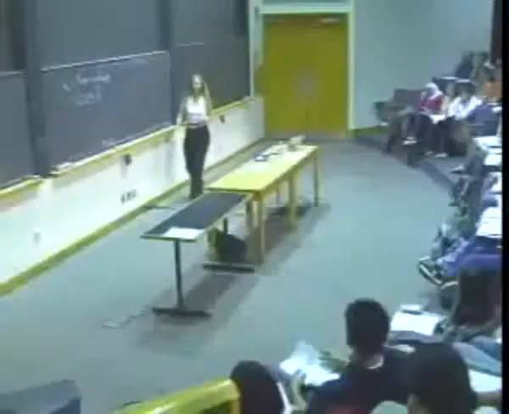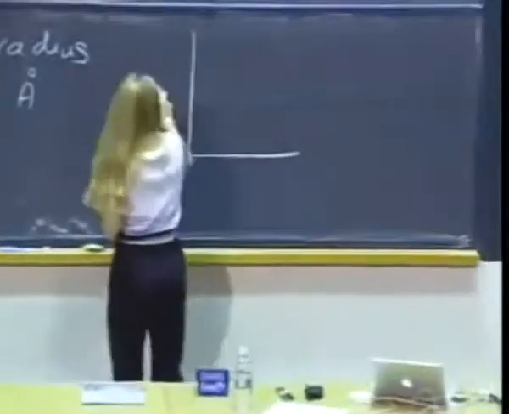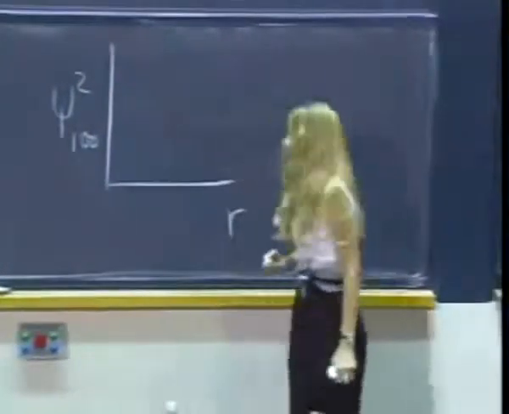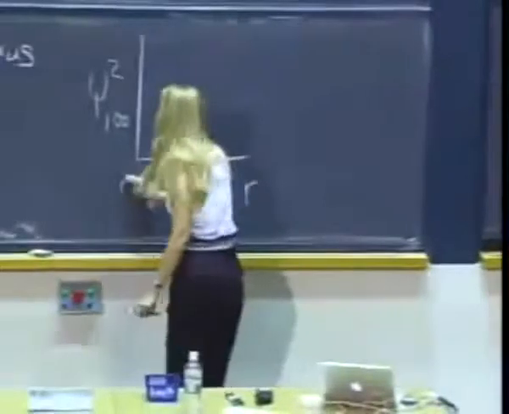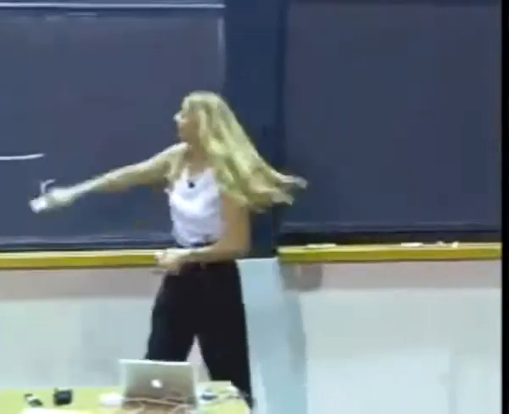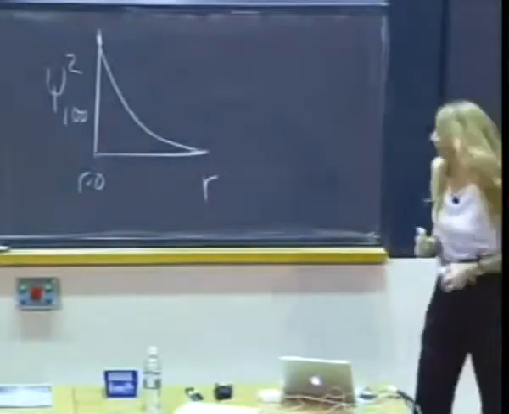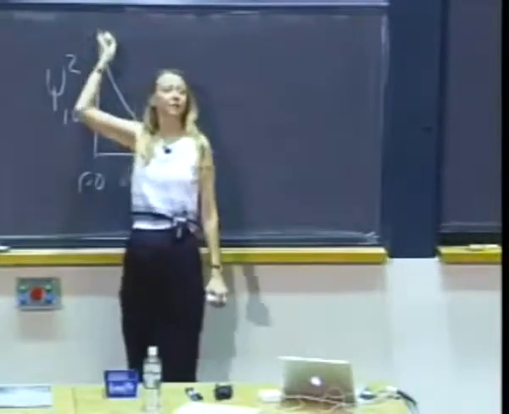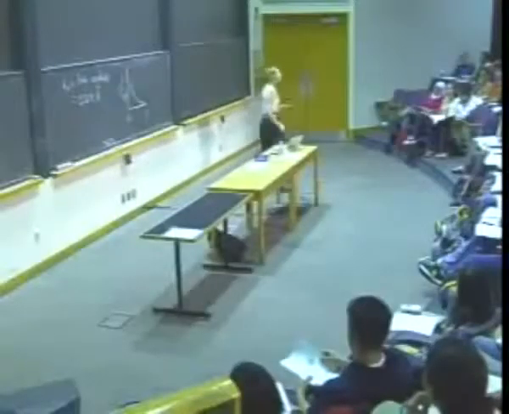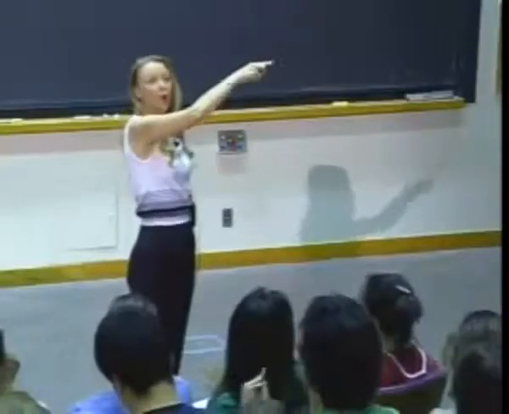Remember, we plotted the probability density the last time, which was just psi squared for the 1,0,0 wave function as a function of r. And when we did that, we saw that at r equals 0 the probability density was some large maximum value, and that this exponentially decayed. Well, the probability density is a large maximum value at r equals 0, but when we look at the radial probability, it's 0 at r equals 0.